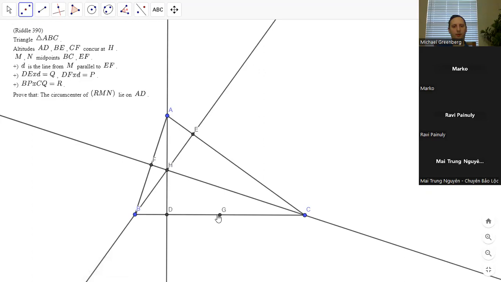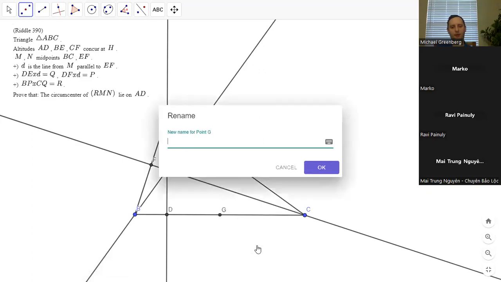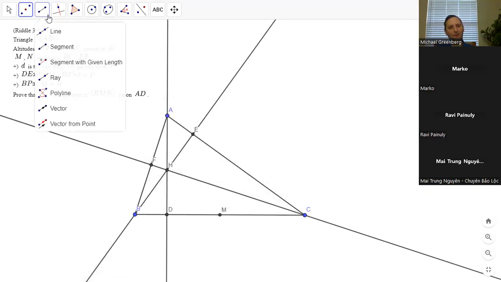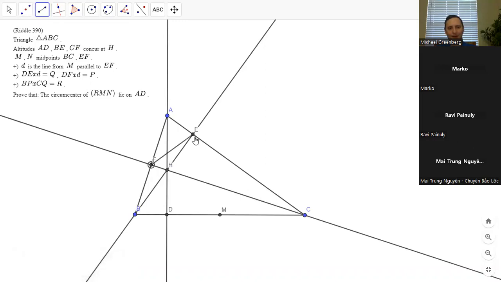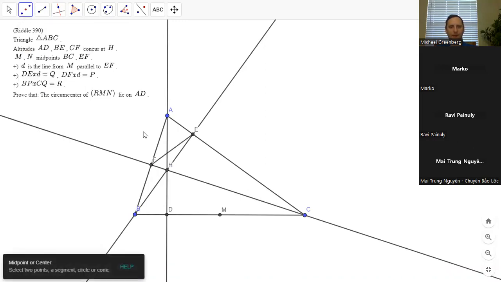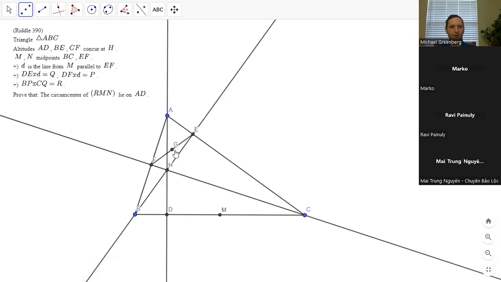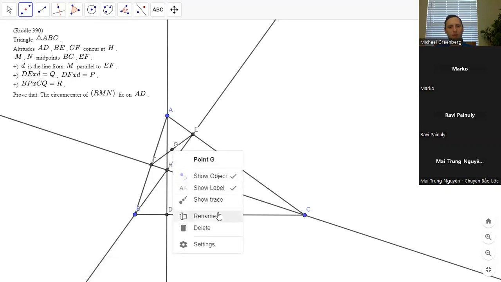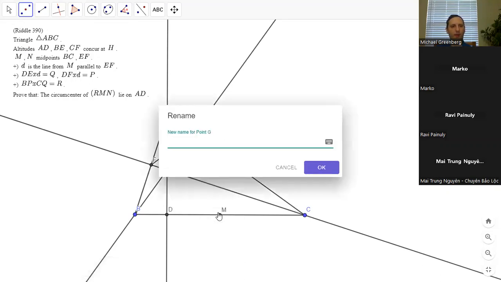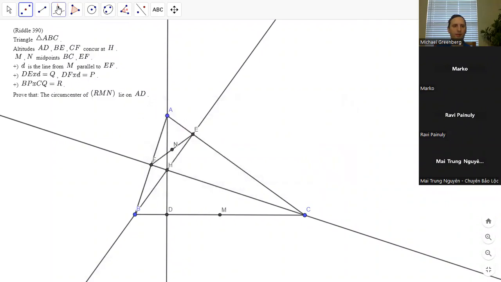So M is the midpoint of BC. And N is the midpoint of EF. And we draw the line from M parallel to EF.